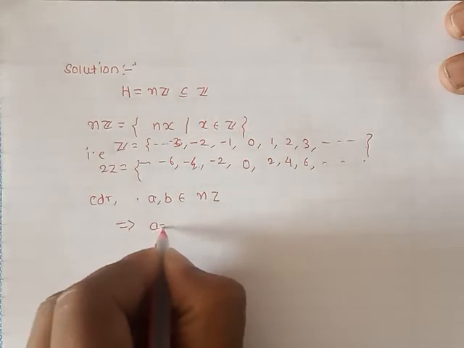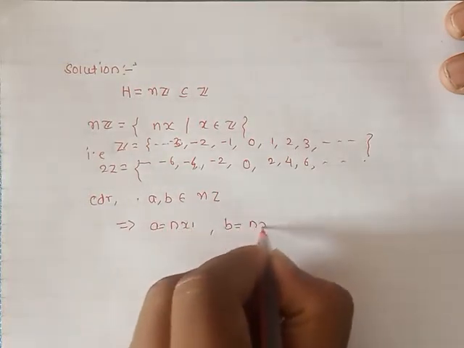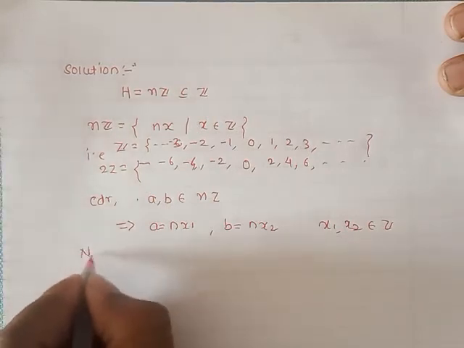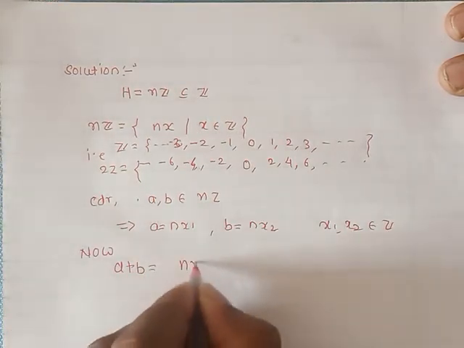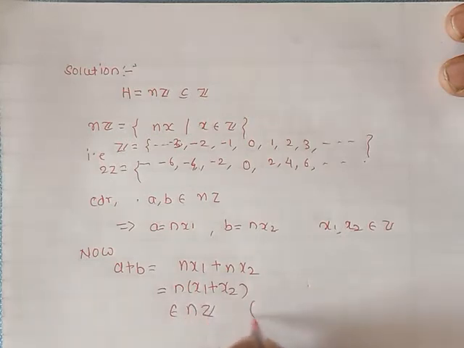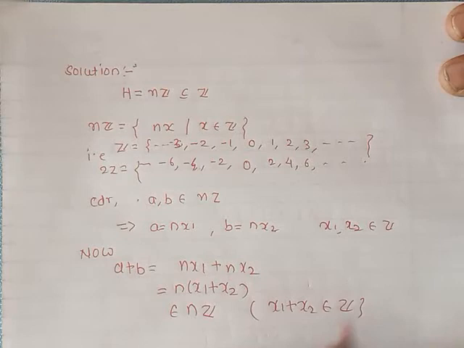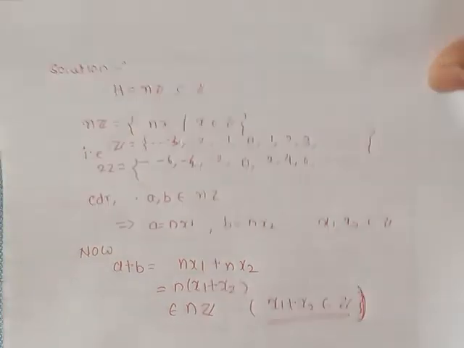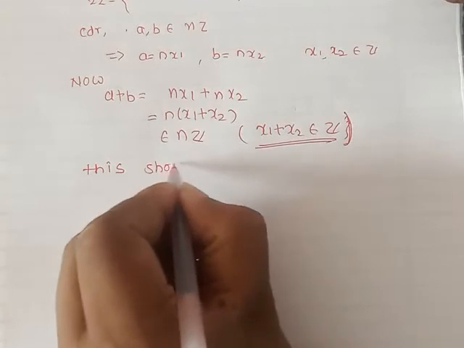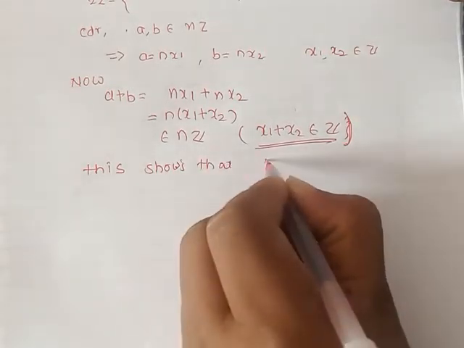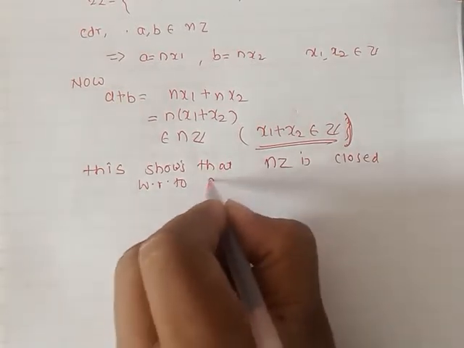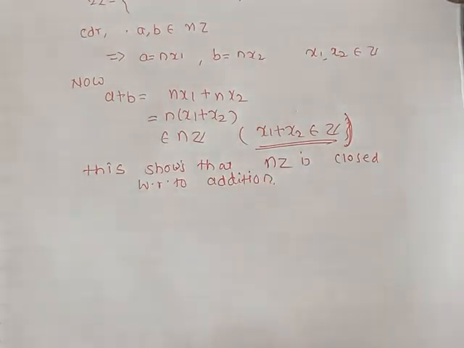This implies that a is equal to n x1 and b is equal to n x2, where x1 and x2 are some members of Z. Now a plus b is equal to n x1 plus n x2, which is equal to n into (x1 plus x2), which belongs to nZ, because x1 plus x2 belongs to Z. This shows that nZ is closed with respect to addition.